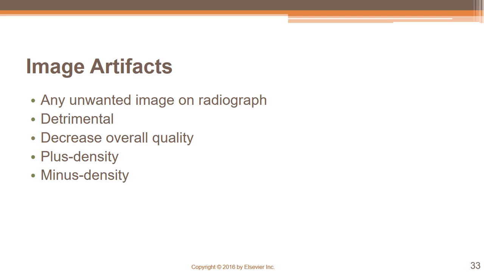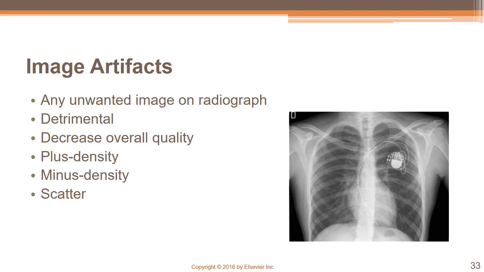Plus density is greater in density than the area immediately surrounding it, and minus density is when it's less density than the surrounding areas. And in those artifacts, scatter or fog or noise can also be classified as an artifact because they add unwanted information on the image.